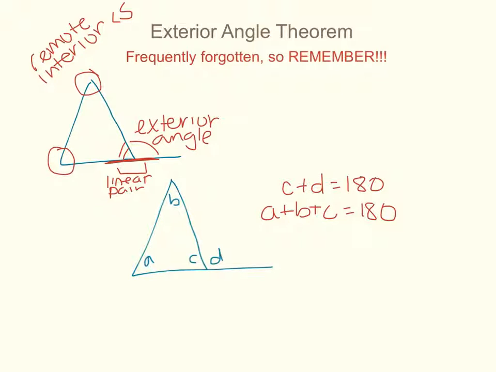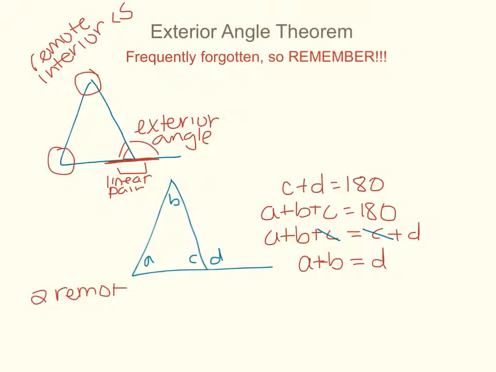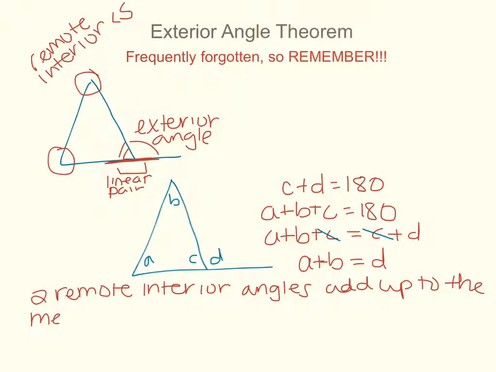So, again, we have 180 and 180, so I have A plus B plus C equals C plus D. I see that the C's are going to go away, and I'm just left with A plus B equals D. So this tells me that two remote interior angles have to add up to the measure of the exterior angle.